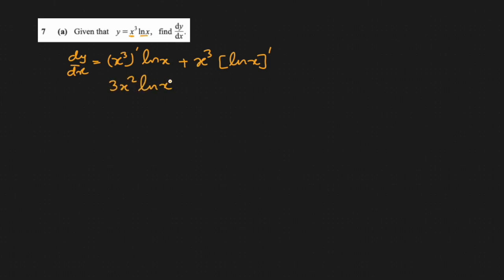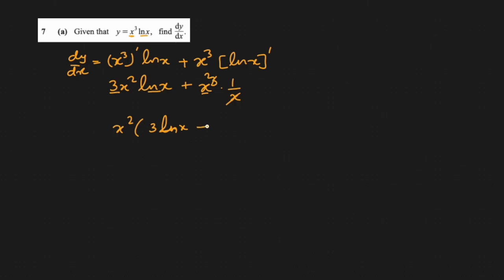So differentiation of x cube is 3x square natural log x plus x cube multiplied by the differentiation of natural log x, which is 1 over x. So this x cancels with this, it becomes x square. Both the parts have x square, so you can take x square common. 3 natural log x, because x square is out.